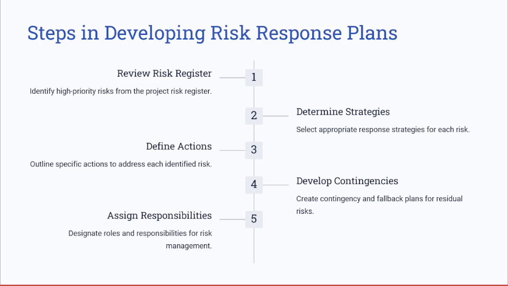The third step includes defining clear and actionable steps for addressing each risk. Next, you need to prepare a contingency plan for residual risks and fallback plans for failed responses.